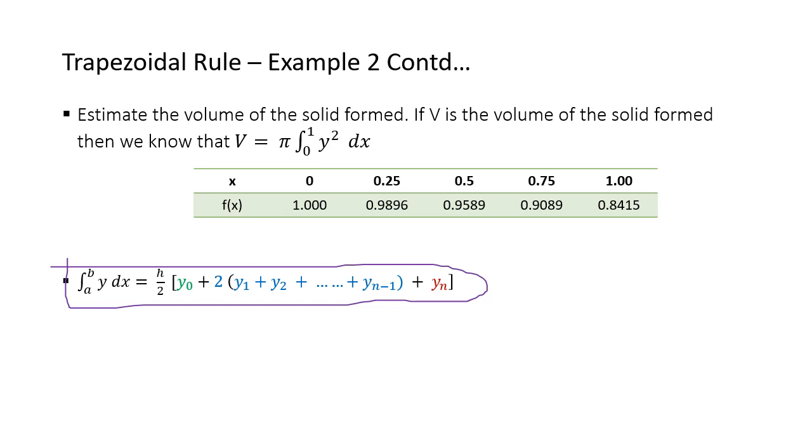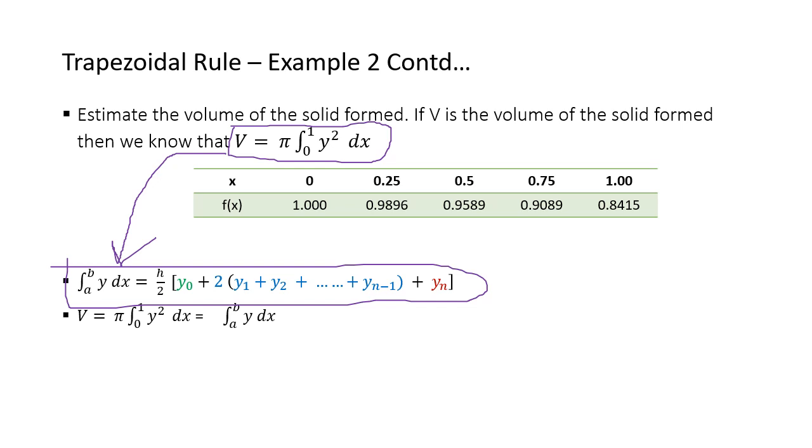Let us see how to connect these two things. We have the analytical formula of volume of solid of rotation, and we want to calculate this volume using the trapezoidal rule.